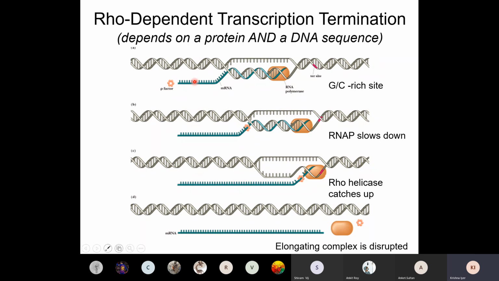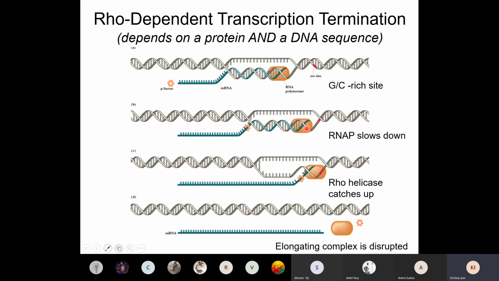Again, when transcription begins and the RNA strand comes out of this RNA polymerase complex, the Rho factor starts to bind to it and in an ATP dependent manner starts to move. It moves along this RNA, and if there is nothing to slow down the RNA polymerase, it will never catch up with it.